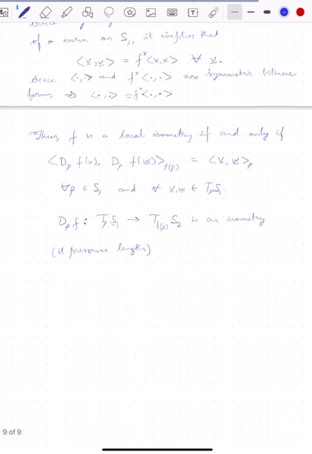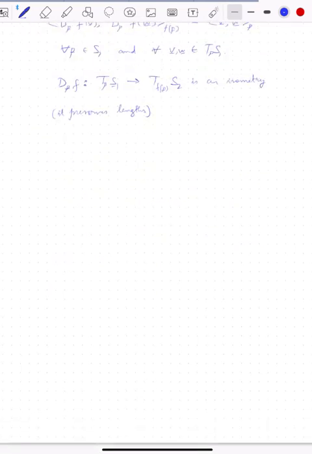Okay. So one corollary, and then we'll move ahead to talking about the conformal mappings, right?